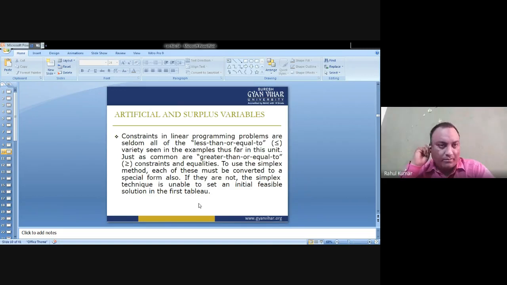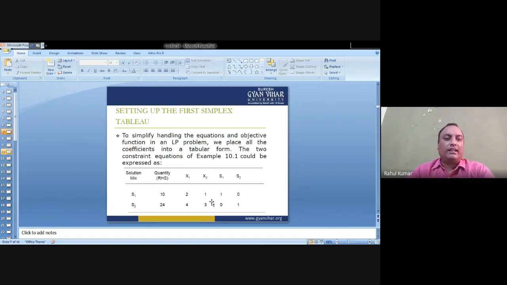To use the simplex method, each of these must be converted to a special form. Otherwise, the simplex technique is unable to set an initial feasible solution in the first tabulation. This is the first tabulation value, right?